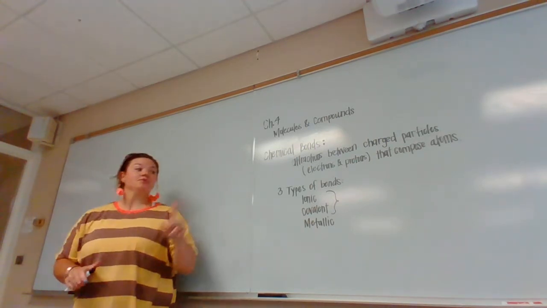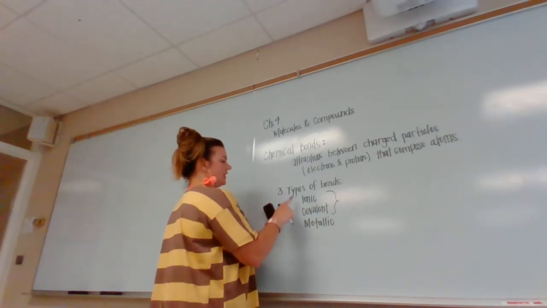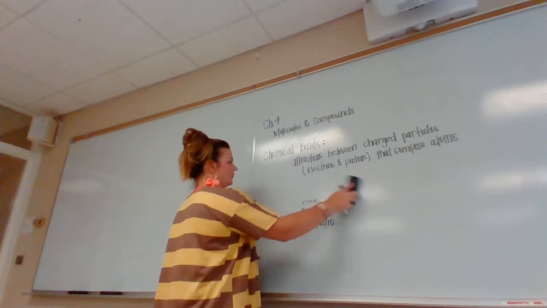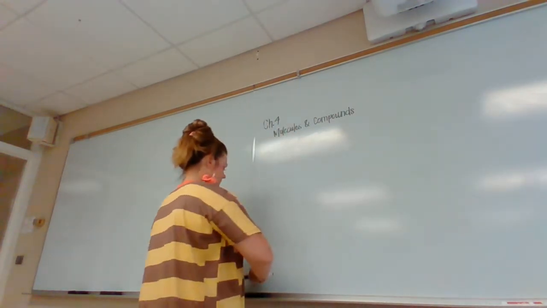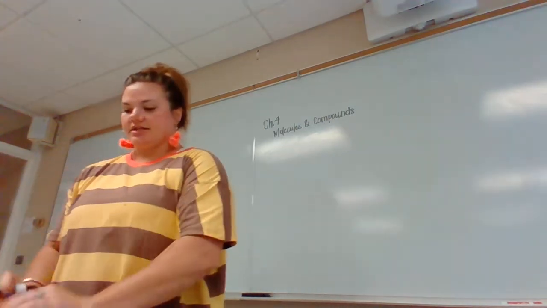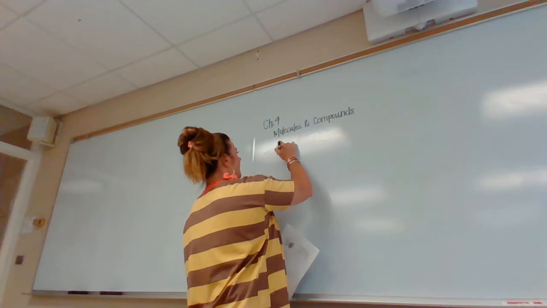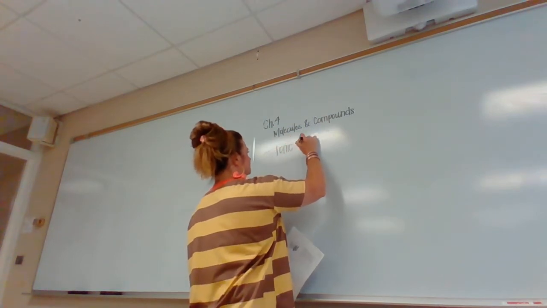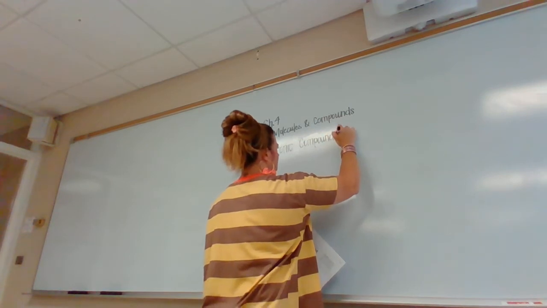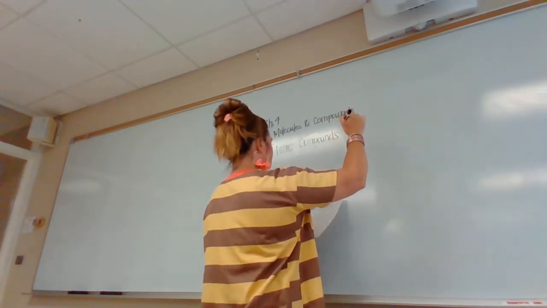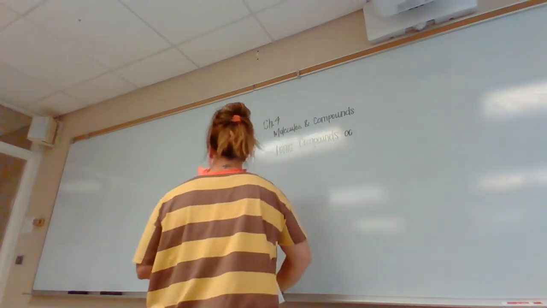We'll get there. All right, so let's talk about the difference between ionic and covalent. Ionic compounds, or ionic bonds, say.